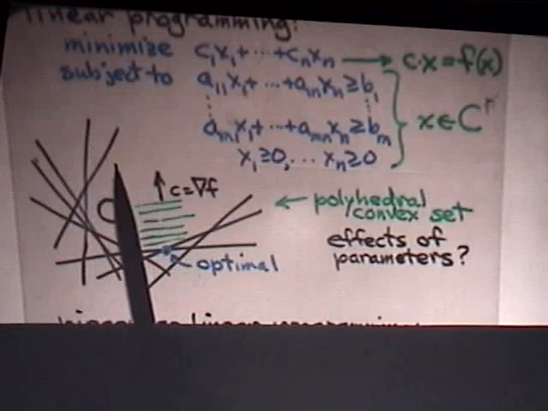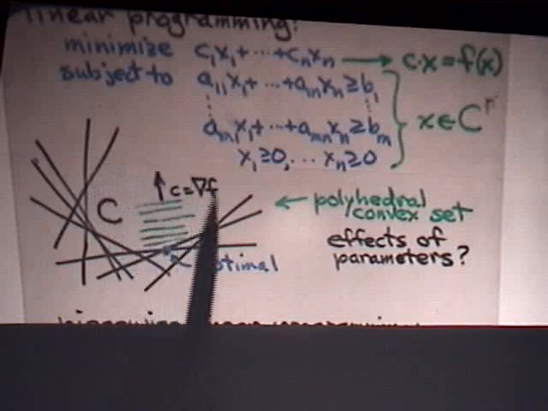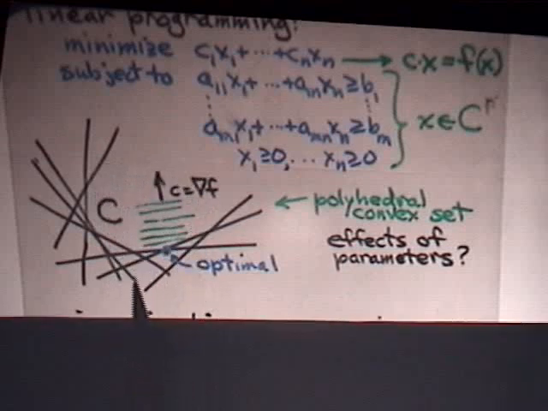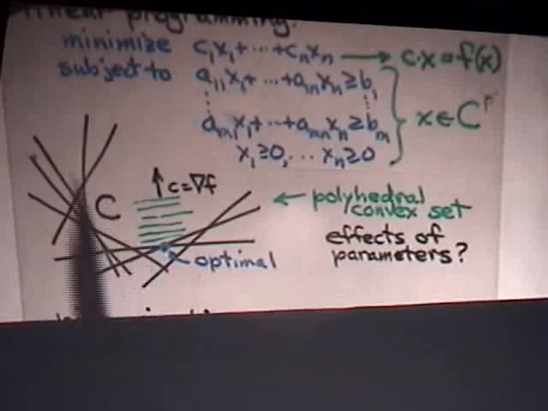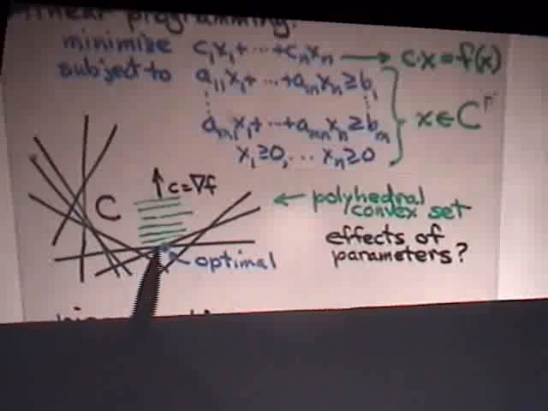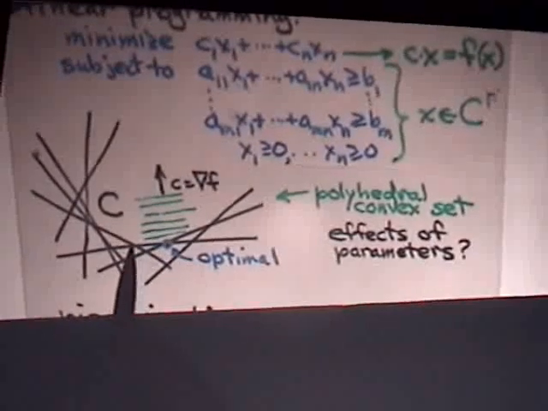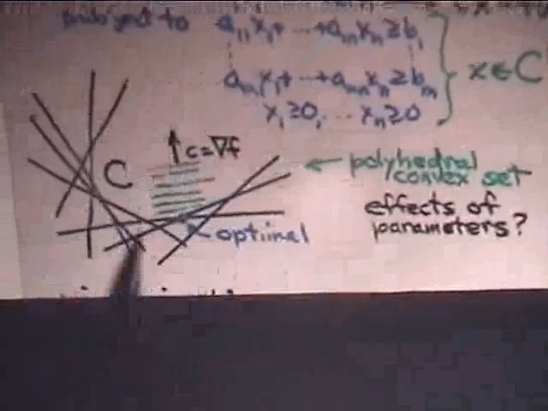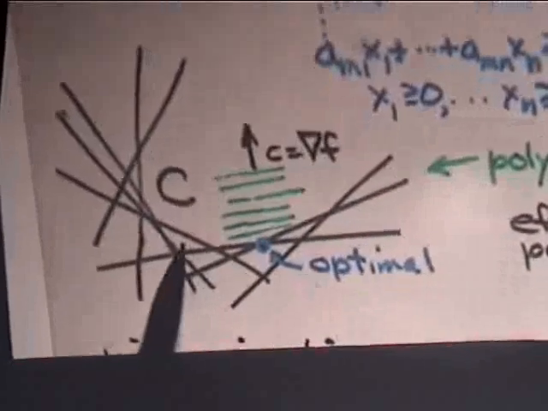Let's think of tilting the vector over. For some time, as I tilt the vector, the optimal solution will stay constant. But at a certain moment, all of this segment will become optimal. I will jump from having a single solution to a segment of solutions. And then if I continue to go farther, the solution will be over here, and so forth.